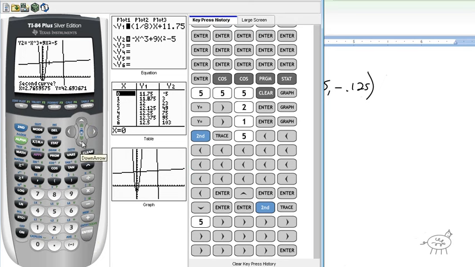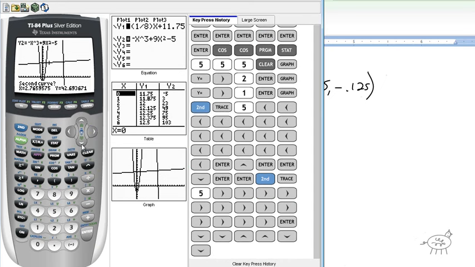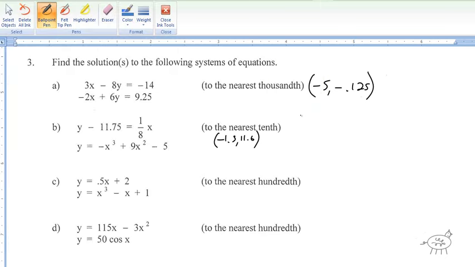Second curve, my guess is it's on the second curve someplace. Hit enter and then guess. And there's our next one. That gave us 1.5 and 11.9. So let's write that down: 1.5 and 11.9.